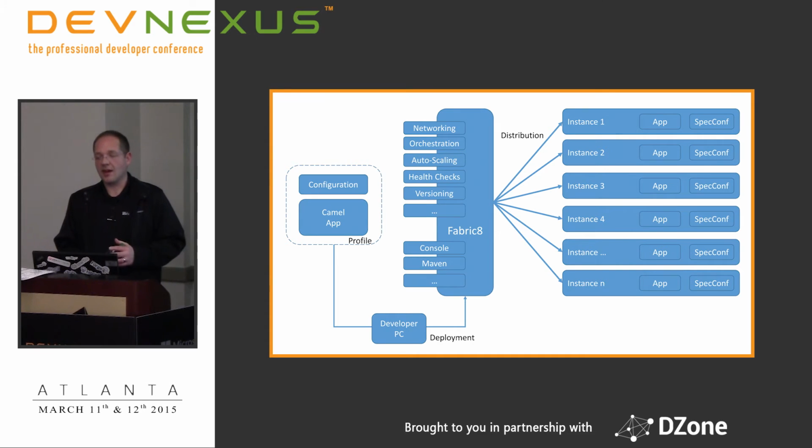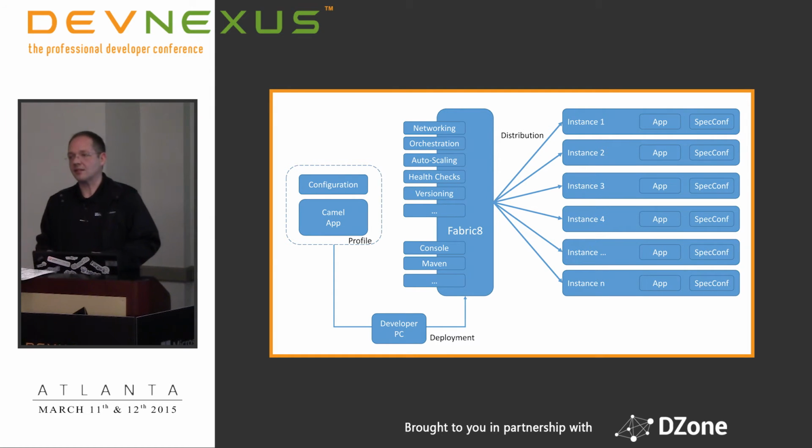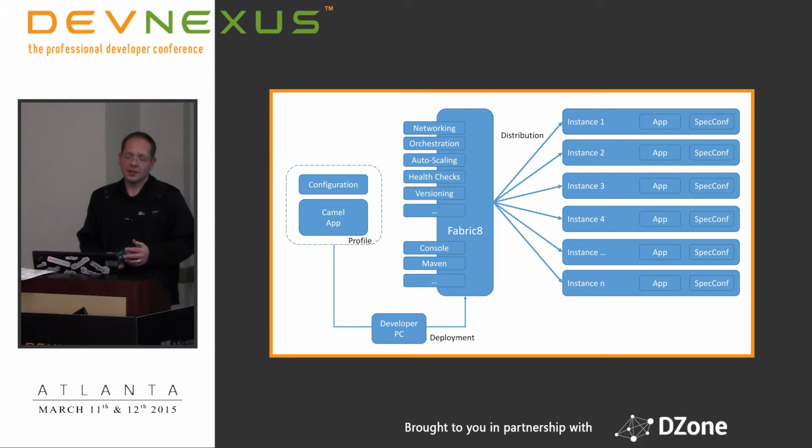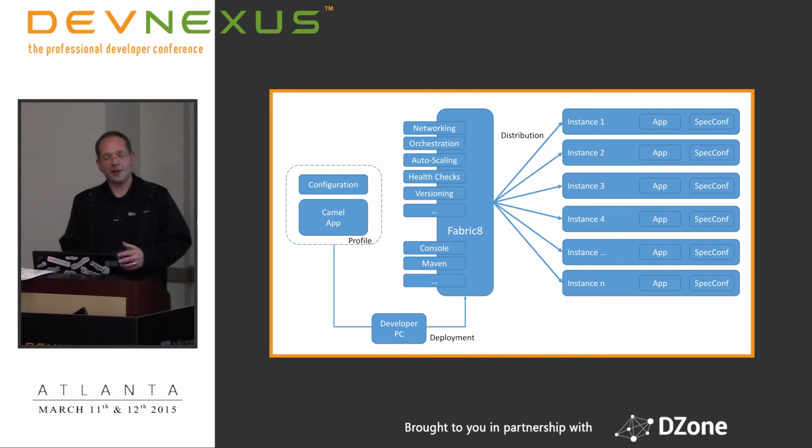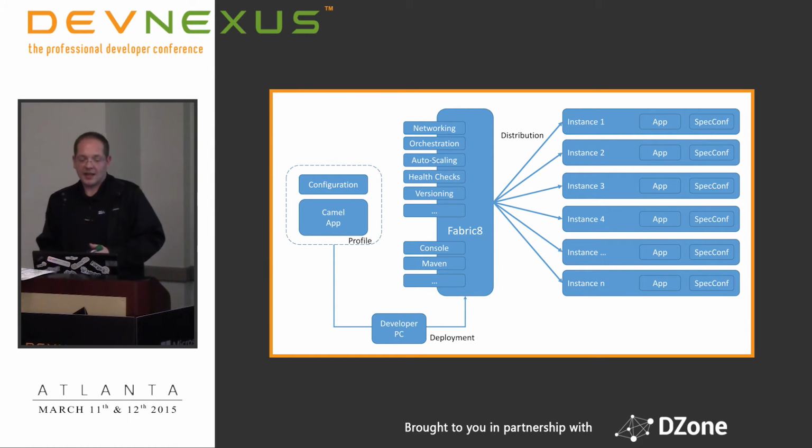Beside that, Fabric8 allows you to assign those individual assets to a number of instances. And it has a really decent UI, for which I forgot to put some screenshots up here, but believe me, it's pretty easy. It's called hawt.io. It's another open source project based on the latest AngularJS, so it's really neat and easy to use.